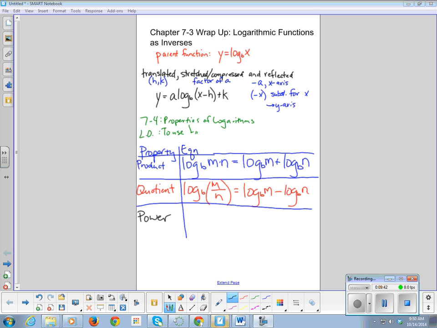The power property is, if I have a power inside my log, I can take that power and put it out to the front and multiply it.